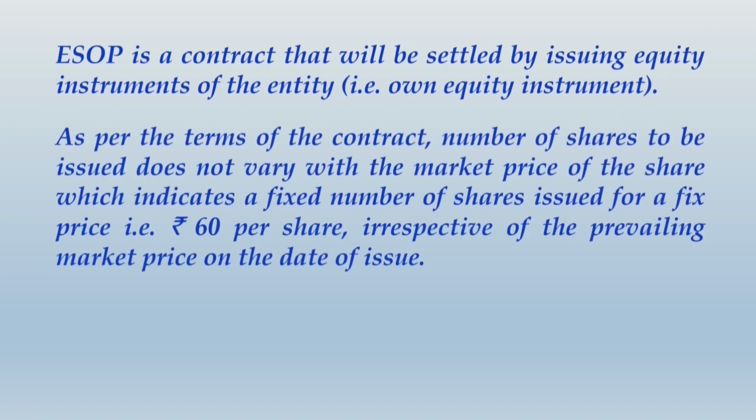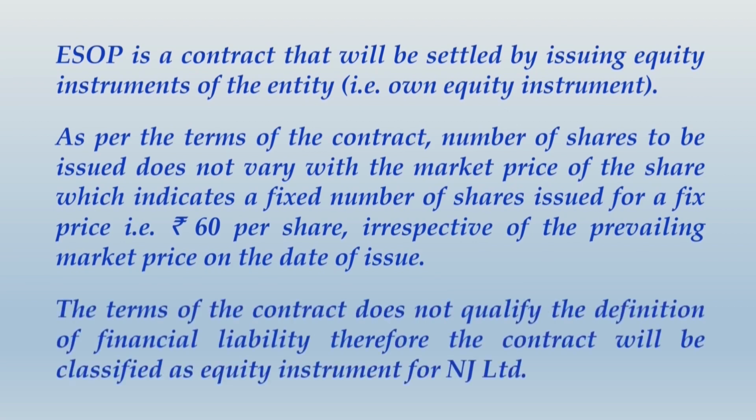As per the terms of the contract, the number of shares to be issued does not vary with the market price of the share, which indicates a fixed number of shares issued for a fixed price, that is rupees 60 per share, irrespective of the prevailing market price on the date of the issue. The terms of the contract do not qualify the definition of financial liability. Therefore, the contract will be classified as an equity instrument for NJ Limited. So friends, write up this whole thing and that will be the end of the answer.